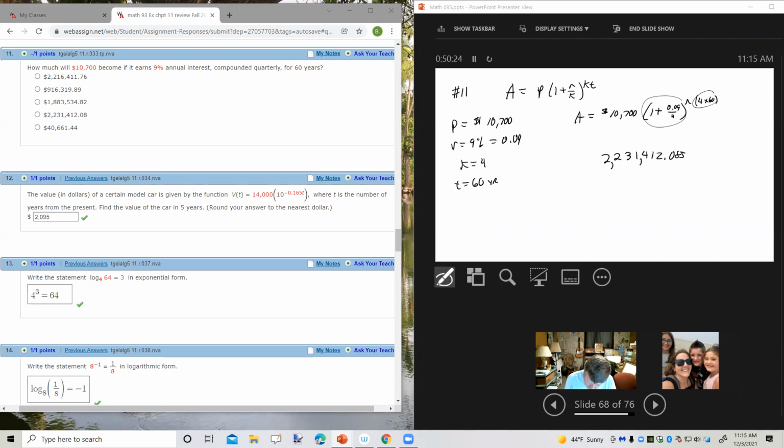So we would round it to the nearest cent, which would be there. The 5 would round up. So $2,231,412.09. But the options show an 8. What? Okay. So they're giving me an 8.